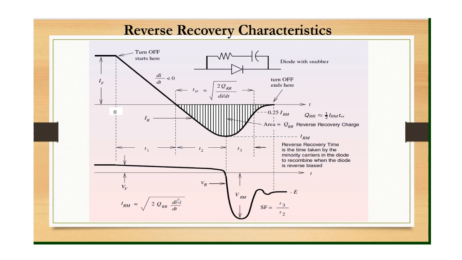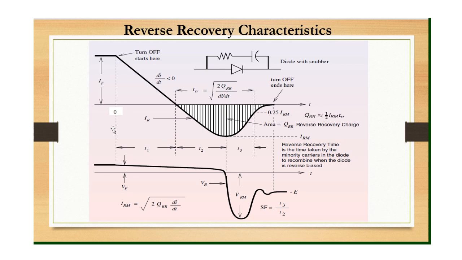Alright, so there are different timings and different processes going on. Let us see what happens. The recovery process starts at t equal to 0. Please observe the figure here. So the diode current starts to fall from the on-state current IF at a rate of di by dt given by minus IF by T1 minus T0.